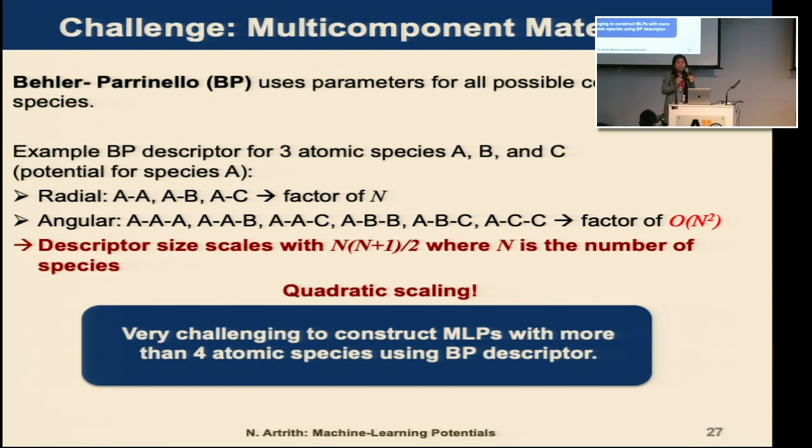In theory, yes, you can list all of the combinations, but in practice, you will use a lot of CPU to evaluate your descriptor. So we found that it's very difficult, even when we start to use more than 4 chemical species. So what to do?